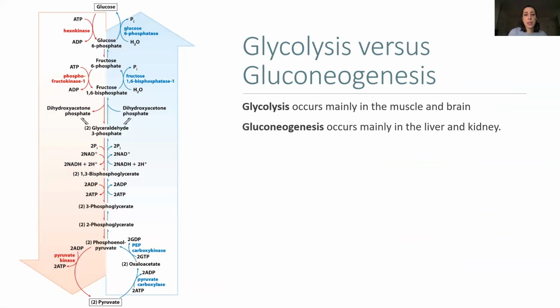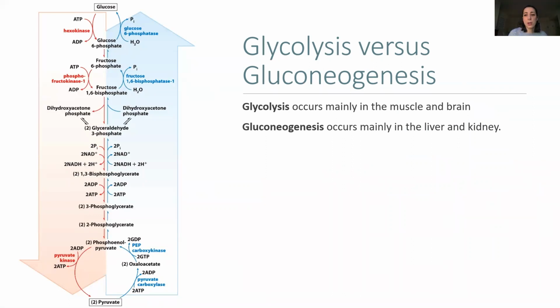First, let's look at the direct pathway of gluconeogenesis versus our pathway of glycolysis. Things to note is that glycolysis is going to occur mainly in the muscle and the brain. These are areas in which you will usually need rapid breakdown of sugar to produce energy. So, brain and muscle cells are very hungry and require energy.